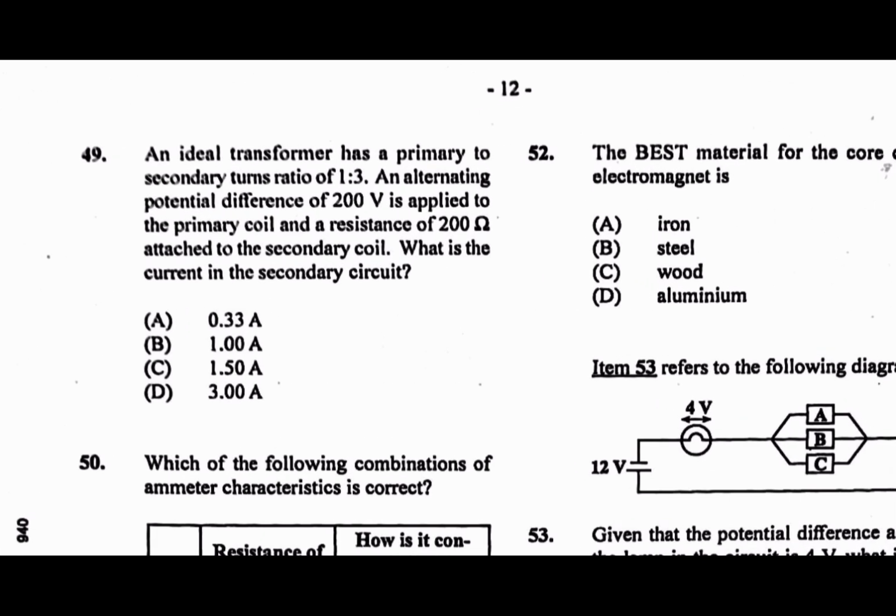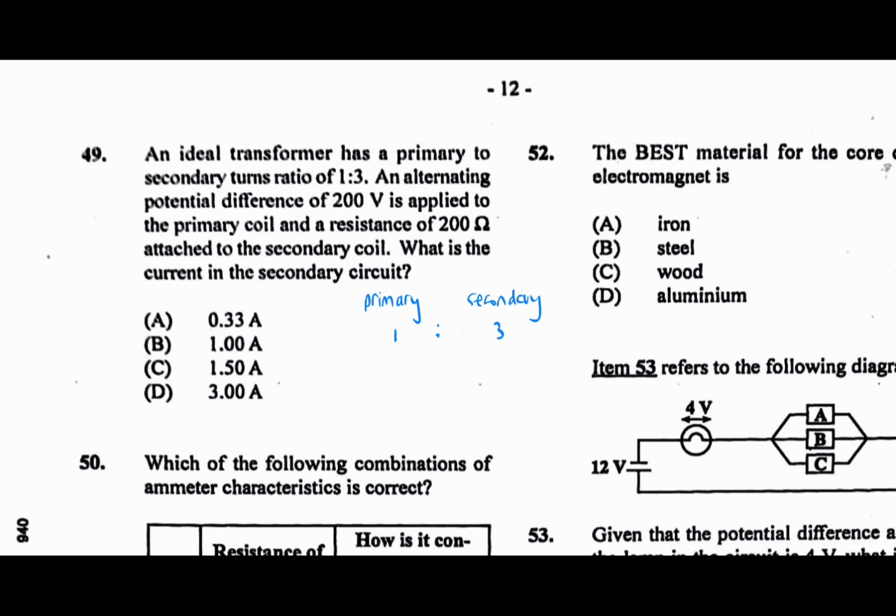So, according to the turns ratio here, for every 1 turn we have in the primary, we have 3 turns in the secondary. So my turns ratio is going to be 3, and whatever voltage I supply on the input is going to be multiplied by 3.